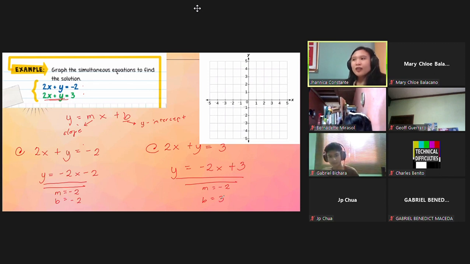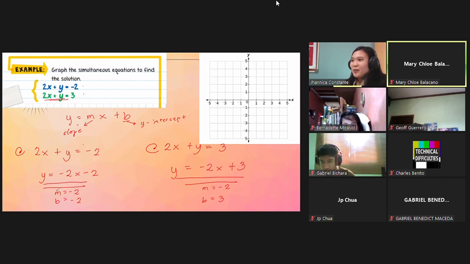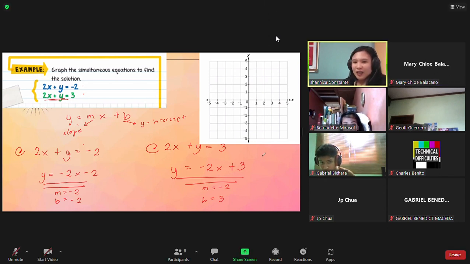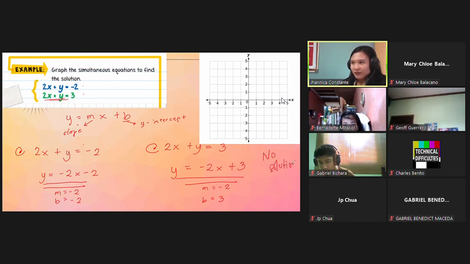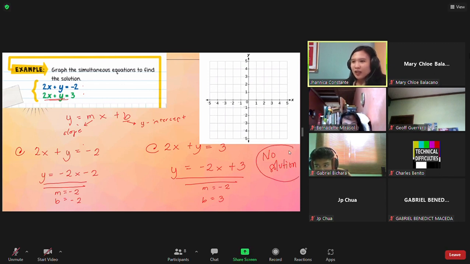Looking at the slope and y-intercept, if you have the same slope but different y-intercept, how many solutions are we going to have? We will have no solution. So if you have the same slope but different y-intercept, you will have no solution.